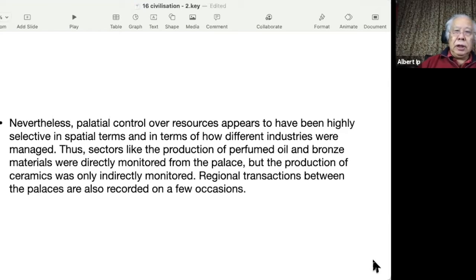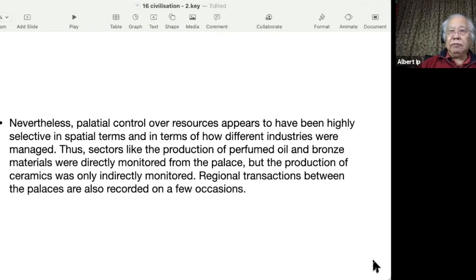In China, typically iron ore or the production of iron is tightly controlled because iron ore can be used to make weapons. So that is where the state maintains high control. Another commodity the state usually maintains high control over is salt, because we need salt, and therefore you can monopolize essential components.